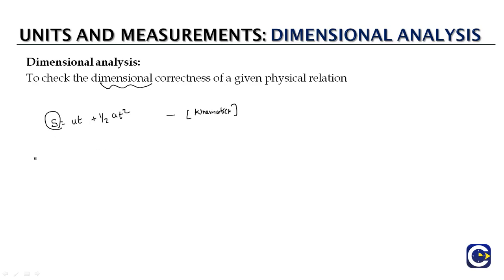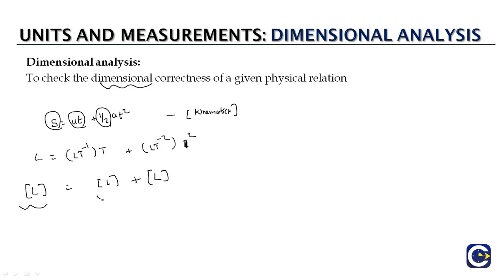Now S is the displacement, so it will have the dimensions of length. The second term is u into t. u is LT^-1, velocity, into time T. Plus half, a number, does not have dimensions. Acceleration is LT^-2 into T square, T power 2. So on the RHS, T power minus 1 and T power 1 will be cancelled, and T power minus 2 and T power 2 will be cancelled, so again we have length.